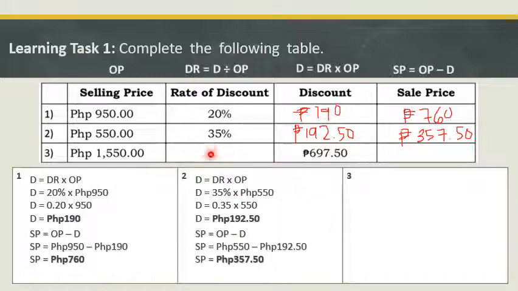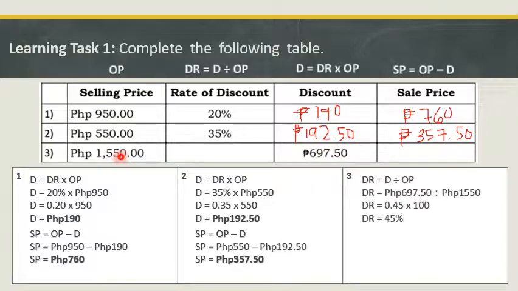Then, next natin. So, hinahanap sa number 3 ay discount rate and sale price. So, sa discount rate, divide lang natin yung discount sa original price. So, 697 and 50 centavos in discount divided by 1,550. So, makukuha natin is 0.45.